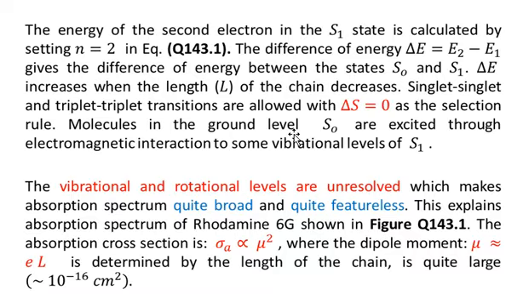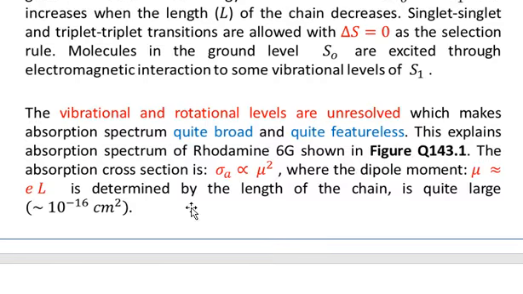So molecules in the ground level S0 are excited through electromagnetic interaction to some vibrational level of S1. The vibrational and rotational levels are unresolved, which makes the absorption spectrum quite broad and quite featureless.